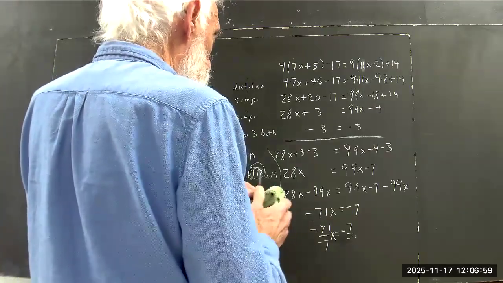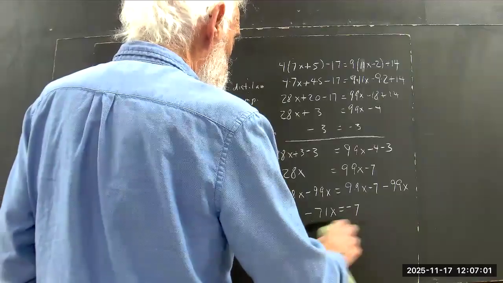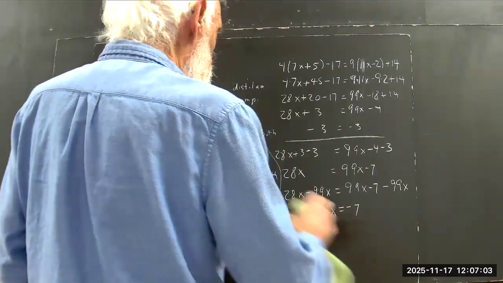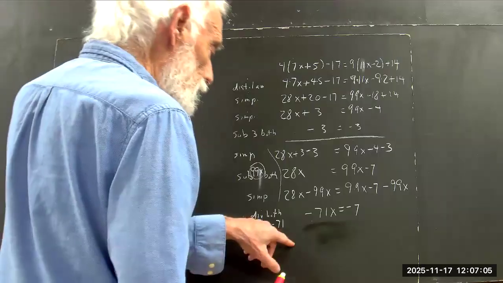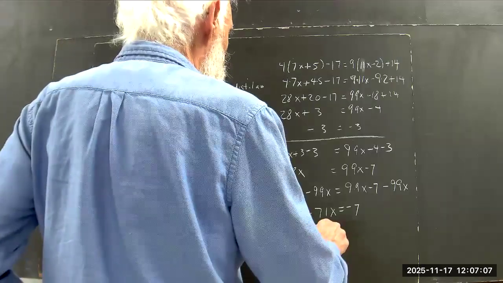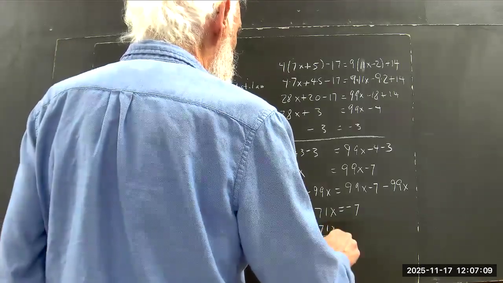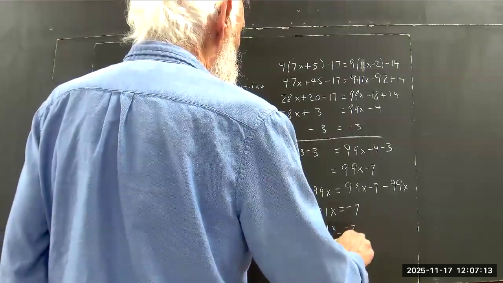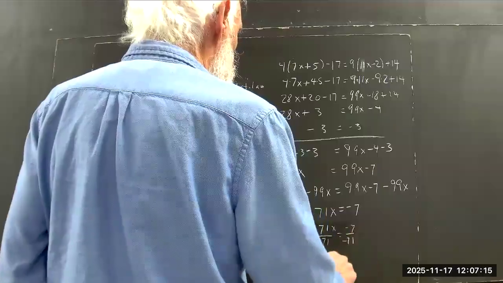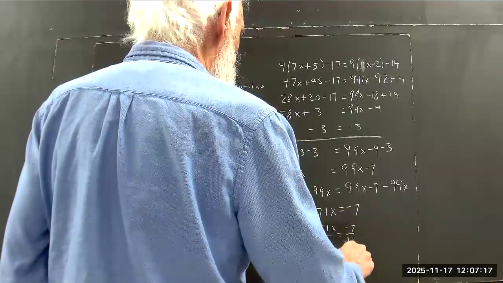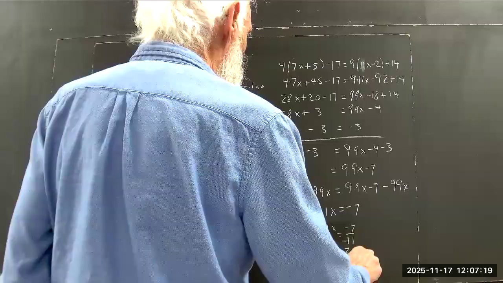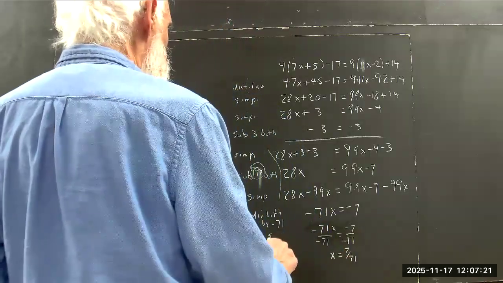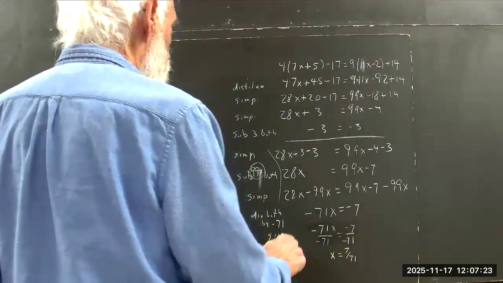I told you I was going to make some bonehead mistakes. You don't want to divide by negative 7, divide by negative 71. And we simplify that.